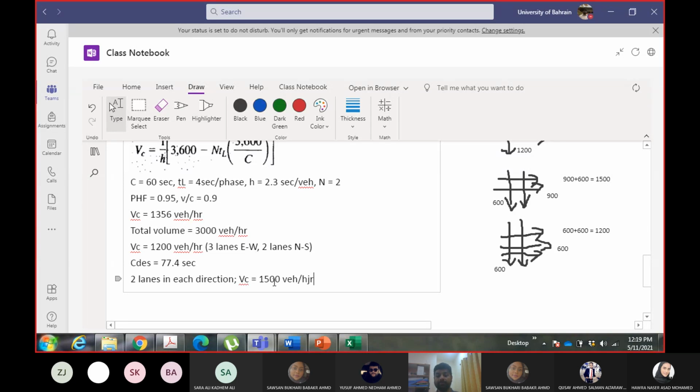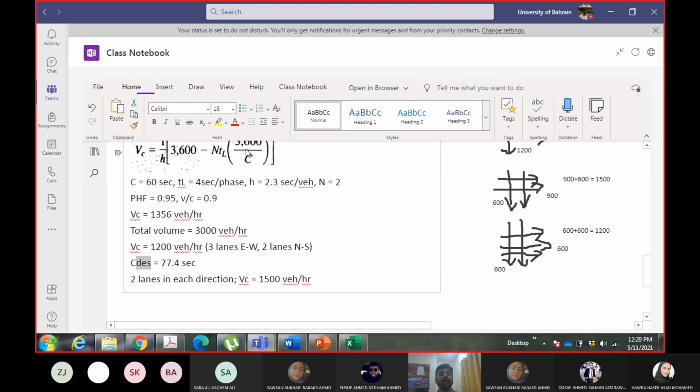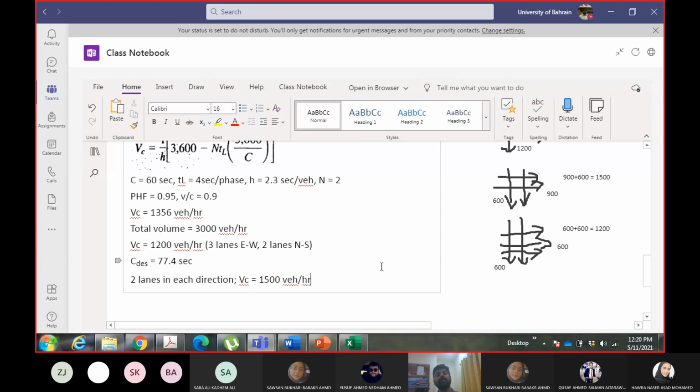I've already calculated this one. So now recalculate the value of desirable cycle length when VC is 1500. How much is it? Everything else will remain the same.